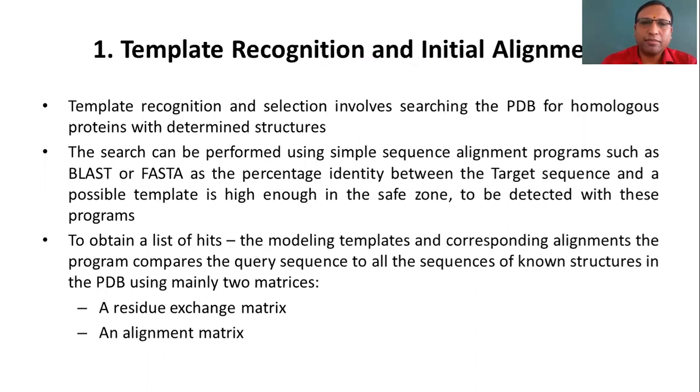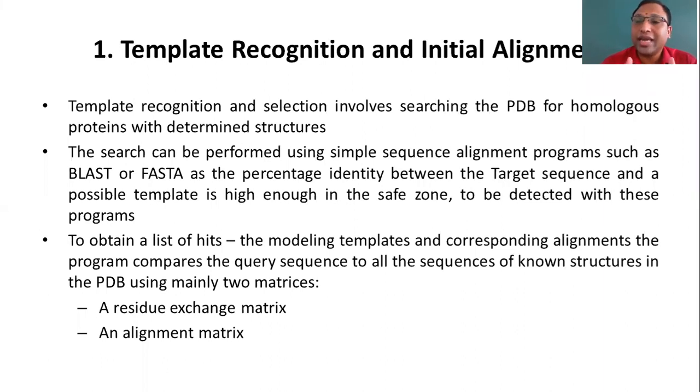So first, going with template recognition and initial alignment. The template is already existing in the data bank. Template recognition and selection involves searching the Protein Data Bank for homologous proteins with determined structures.